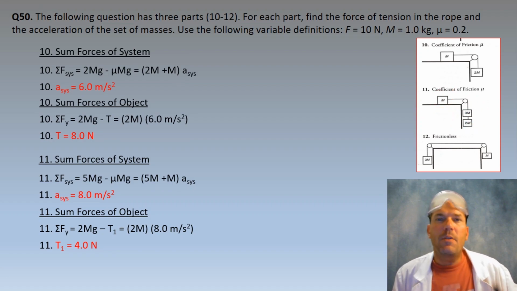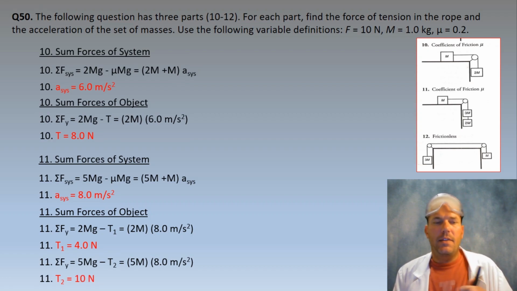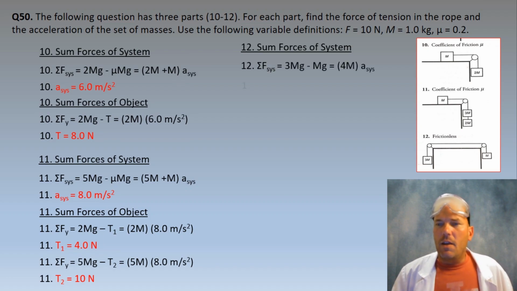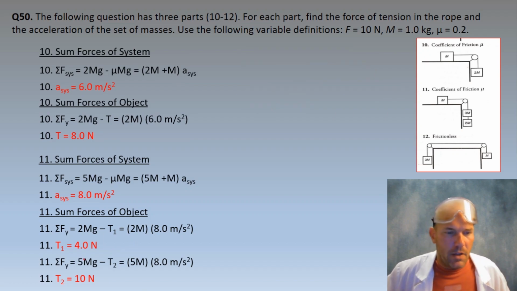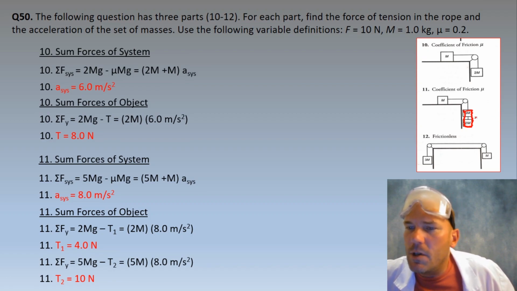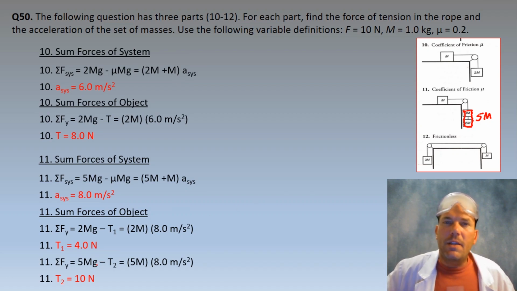So now let's find out about our other force of tension here. Sorry, I got ahead of myself here. If we look at our other tension force, which would be this one here, I want you to conceptualize that as one object, and that one object has a mass of 5m, or 5 kilograms, and the force acting there would be that quantity multiplied by the acceleration due to gravity.